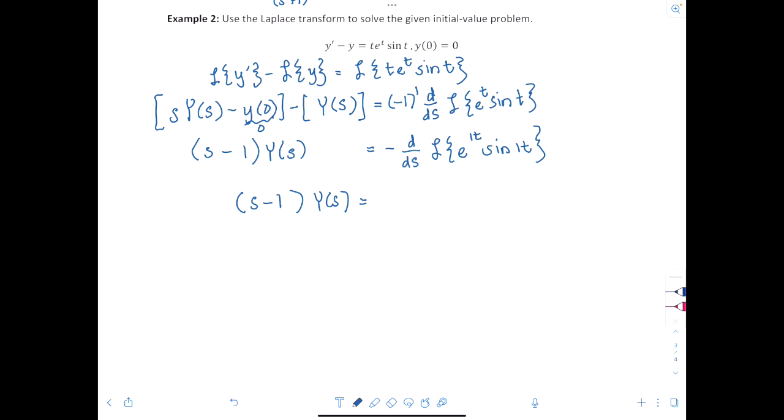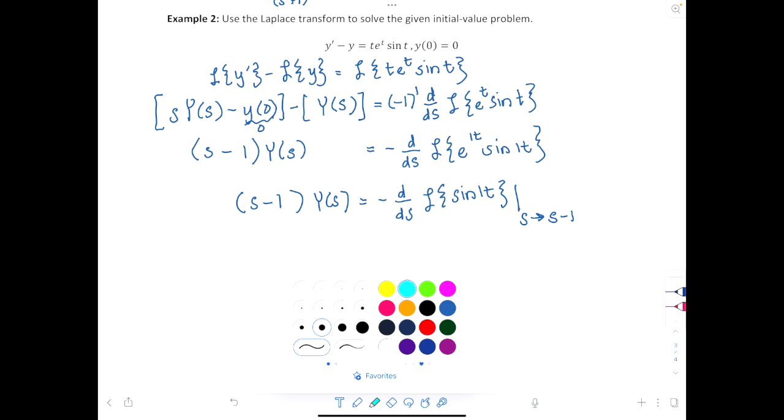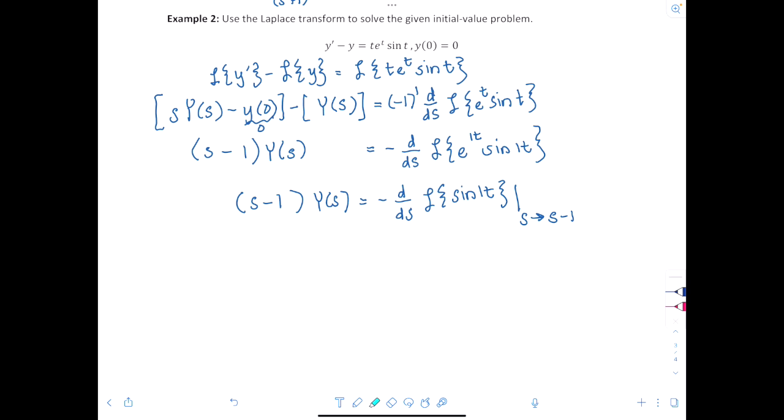So we're going to have negative d/ds of the Laplace transform of sine at 1t, so our k is 1, but we're going to have s approach s minus 1, and that's because of the 1 in front of the e.